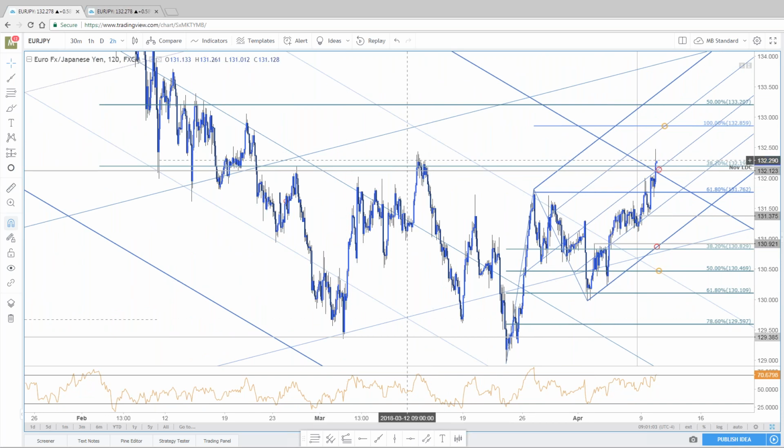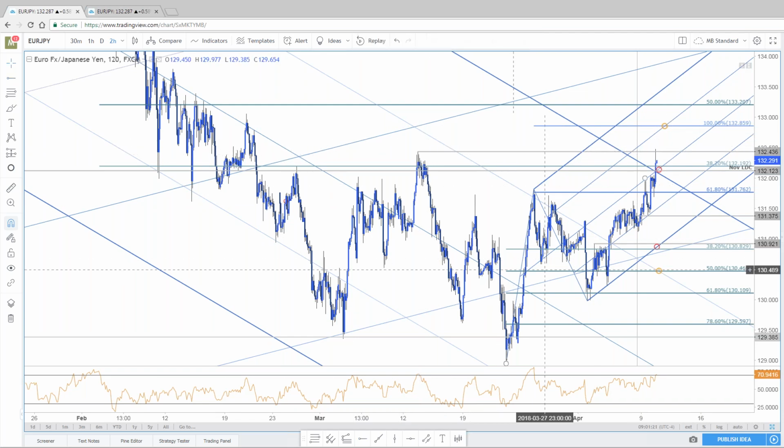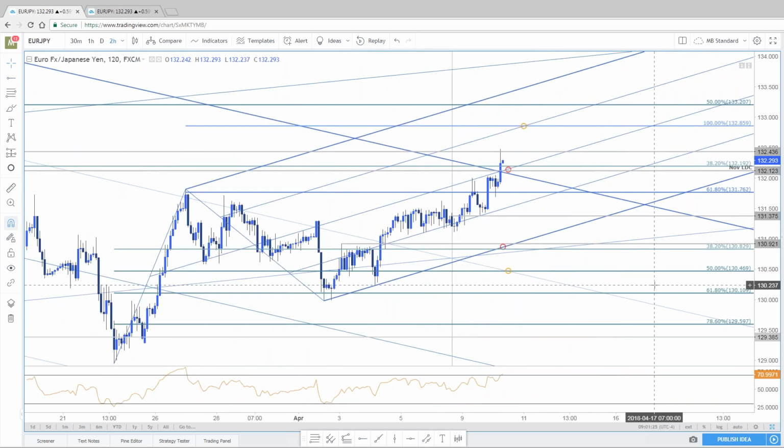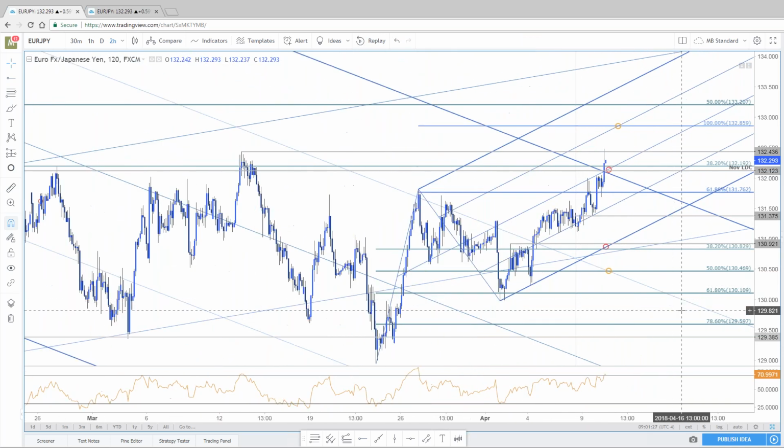But ultimately we're dealing with some major levels. These are the March highs, again slope resistance and that extension just higher. The 32.43, let me highlight that actually. 32.43 and then 32.85.